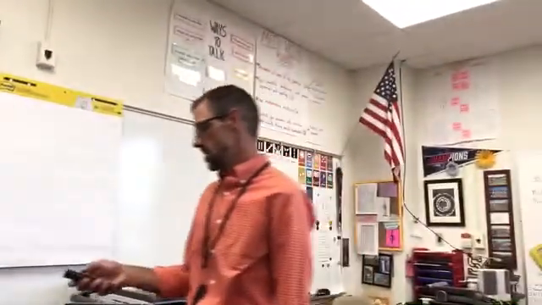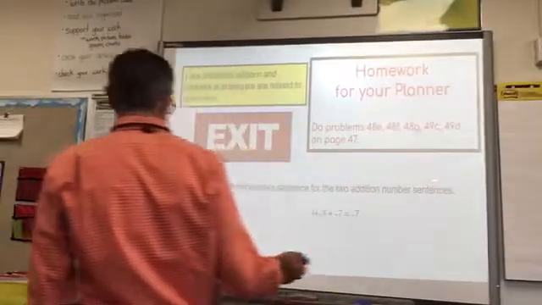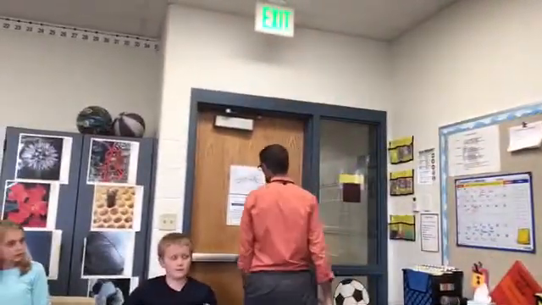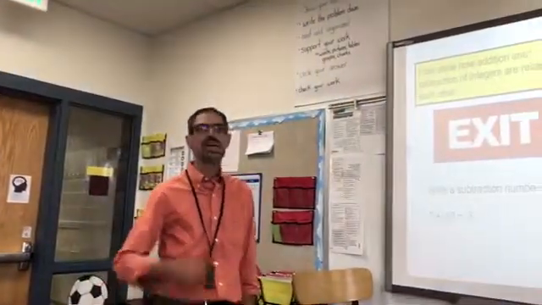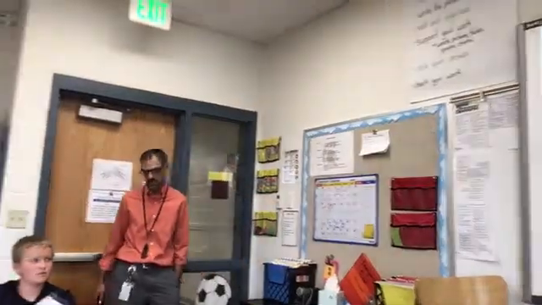Here it is. Write a subtraction number sentence for the two addition number sentences. I was just talking to Megan, and Megan's like, if I had a number sentence that was negative 8 plus positive 6, I could write that number sentence, negative 8, subtract negative 6, because adding positive is like subtracting a negative.